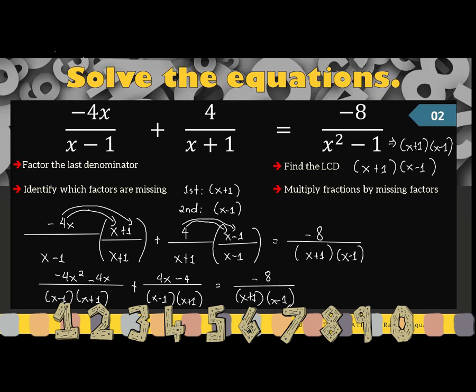Now, make it as a single fraction here, since they both have the same denominators. Now, the denominators, x minus 1 and x plus 1, can be cancelled out. Equation can be simplified as negative 4x squared minus 4x plus 4x minus 4 is equal to negative 8.